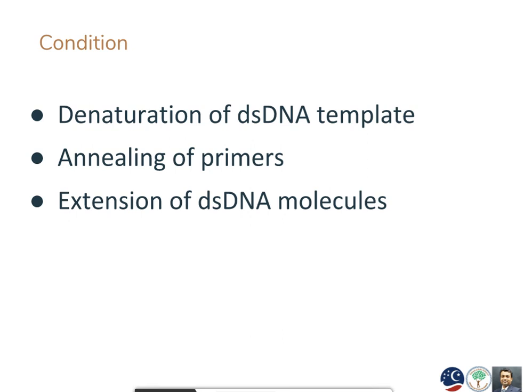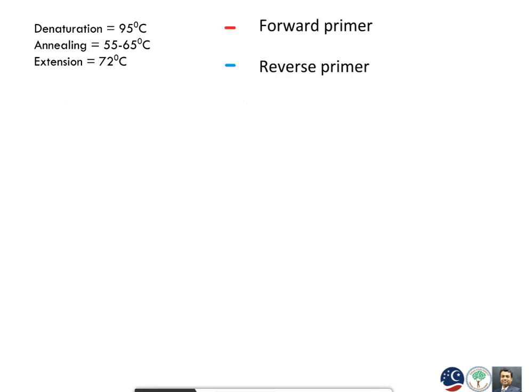So the first step was denaturation, the second step is annealing. The third step is the extension step, where using the primers and the dNTPs available in the reaction, the DNA polymerase will synthesize the new DNA strand. The DNA polymerase will copy the complementary sequences of the template DNA into the new DNA strand.